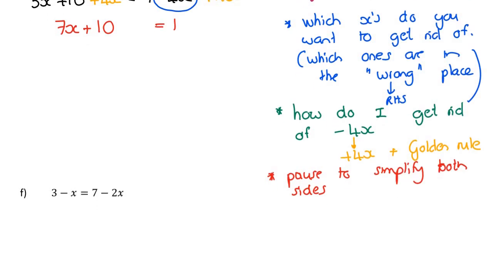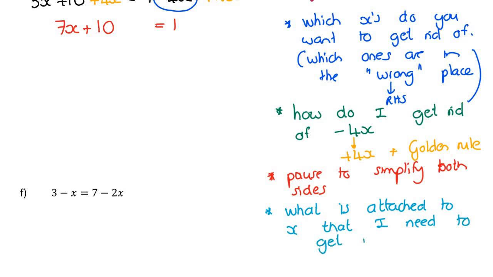Now I'm going to continue writing down my steps because in my easy equation, what is attached to x that I need to get rid of? And here there are two things attached to x that I need to get rid of. And that is the plus 10.